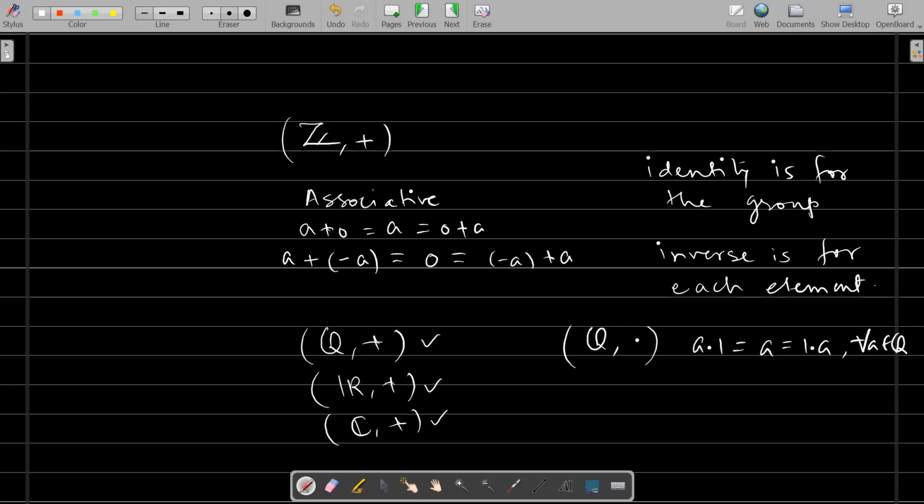As far as each element is concerned, the trouble with inverse is like, suppose I give you 2 by 3, then 3 by 2 is the inverse. So 2 by 3 into 3 by 2 is 1. But there is one element which does not have an inverse, namely 0. 0 into anything can't be 1.